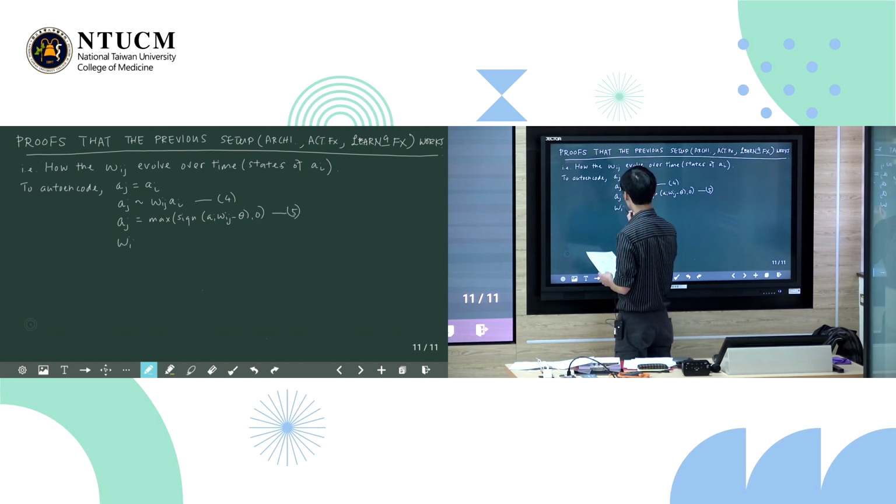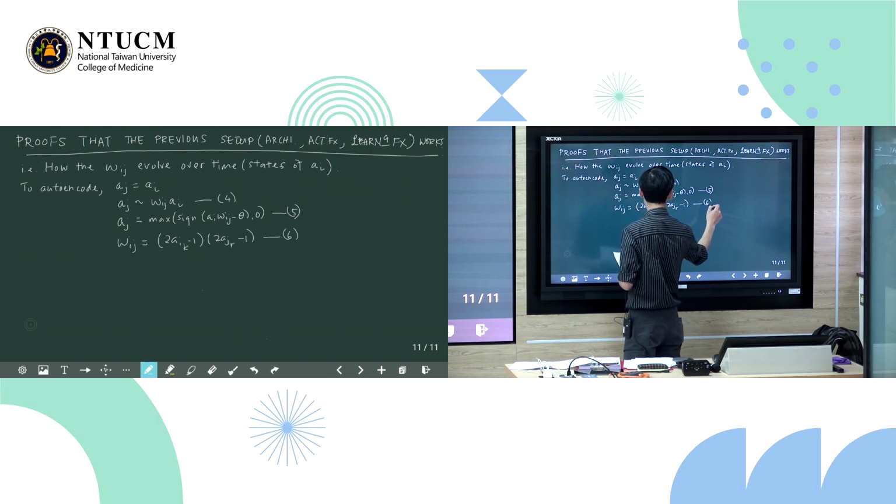And then I introduce this: Wij is equal to 2Ik minus 1, 2Ajr minus 1. This one is equation 6.